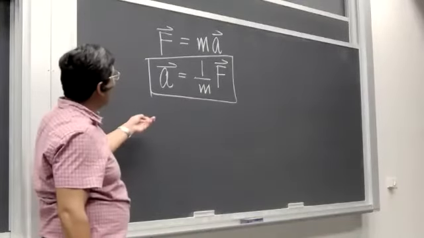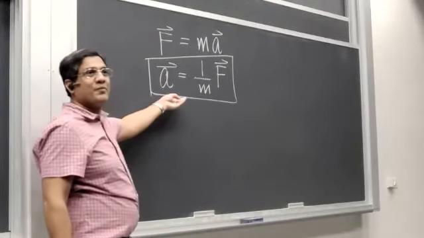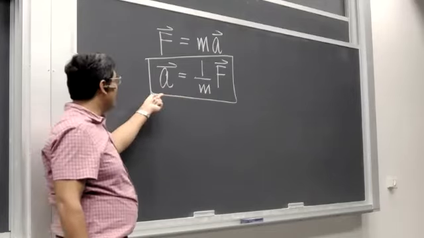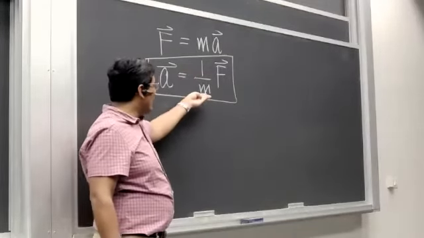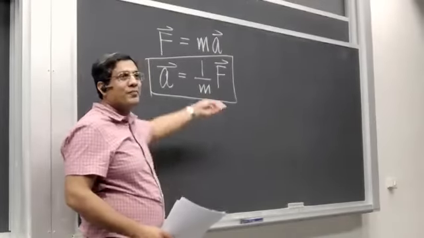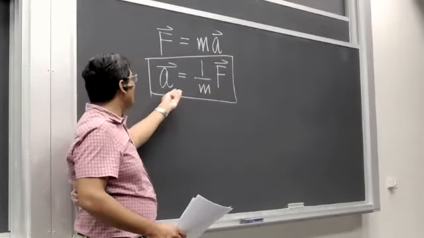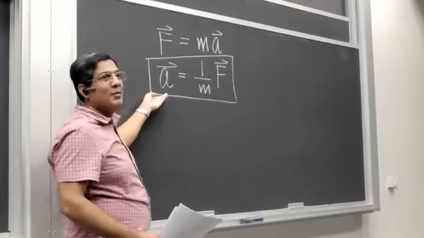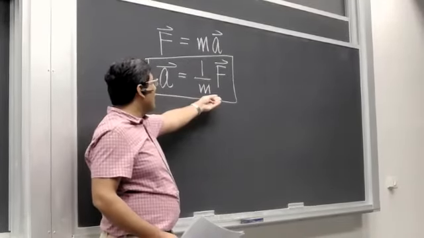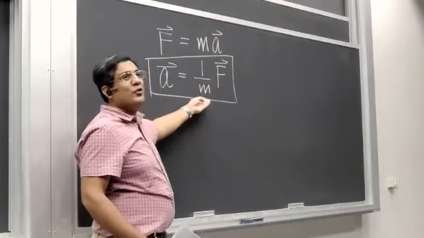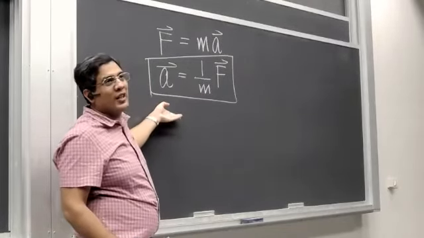Or you could also think, for example, if you apply a force of a given magnitude, 10 Newton, on an object of 1 kilogram, you would get a certain amount of acceleration. And then if you apply the same force on an object of 2 kilograms, the acceleration would halve, right?